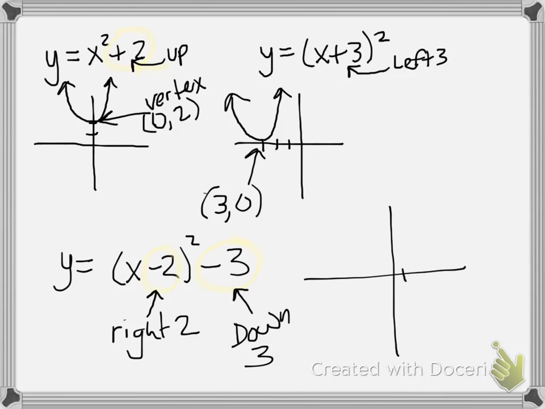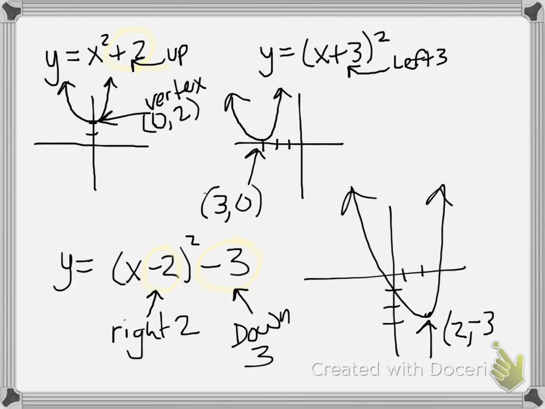So right 2, down 3. So the vertex would be over 2, down 3, 2, negative 3. Notice right here that there's 2, negative 3 here, and notice where it is in the formula.